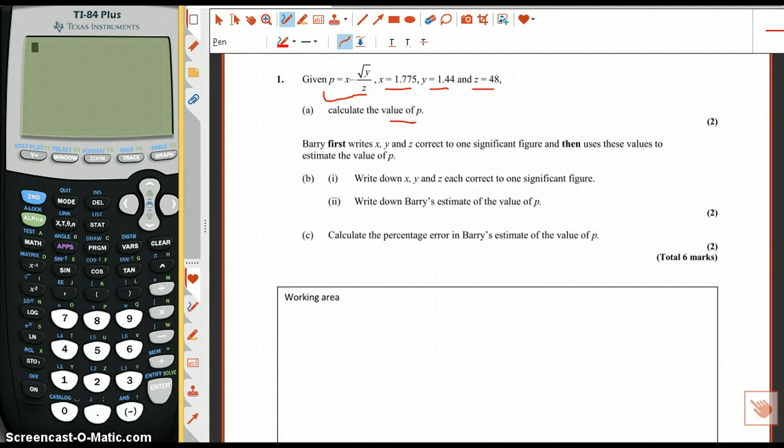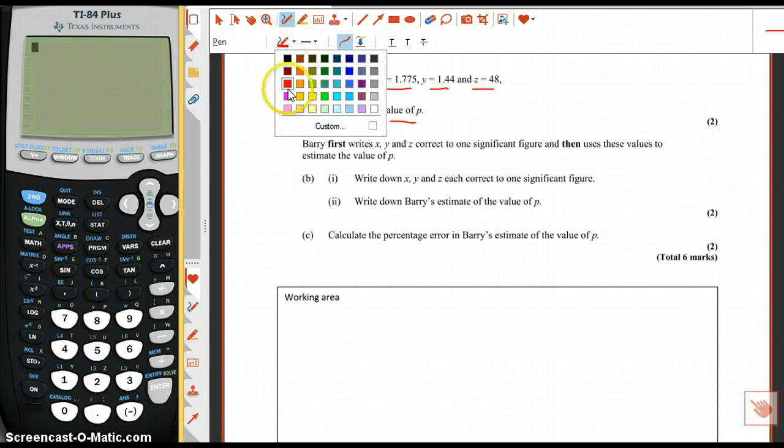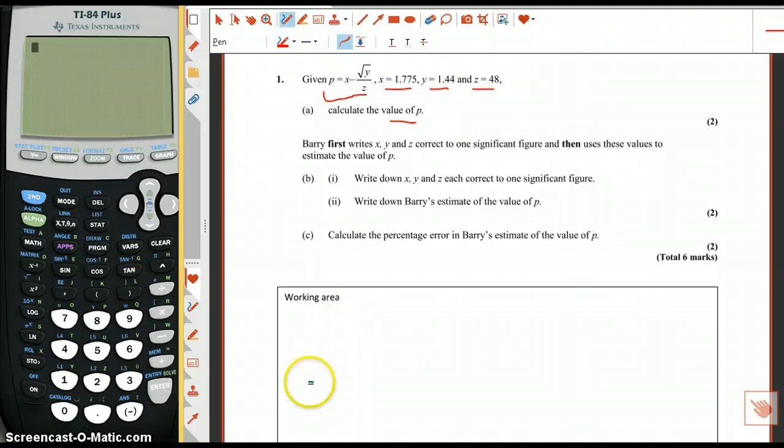So, where's my mouse? Okay, so P is going to be equal to X, which is 1.775 minus square root of, whoops, oh my gosh.